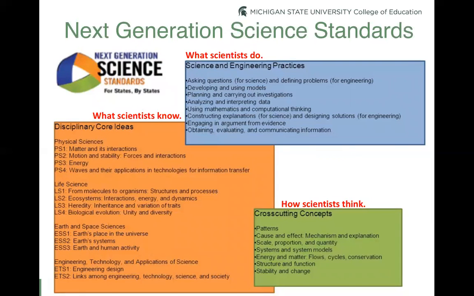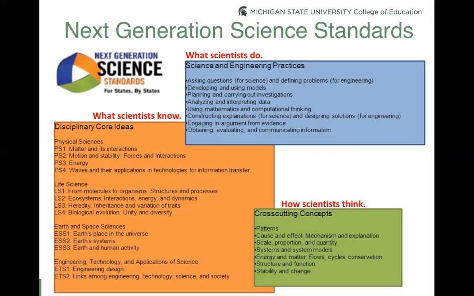But what NGSS and three-dimensional science learning do differently is we're minimizing the amount of content and maximizing the depth of comprehension of that content by students. So we want to get away from this mile-wide, inch-deep approach to science education, where we're trying to cover as much material and as much content as possible in too short of time.